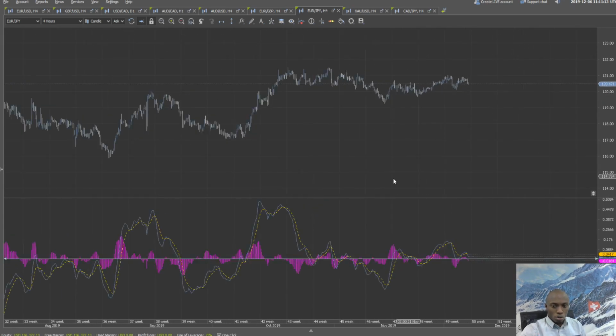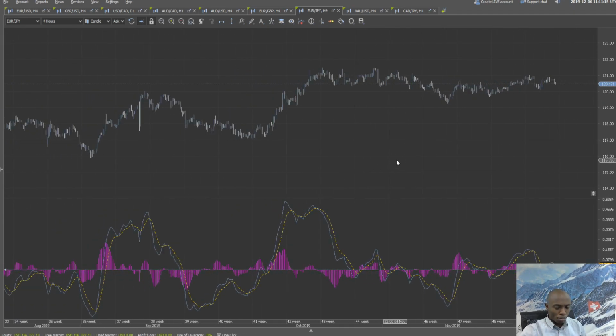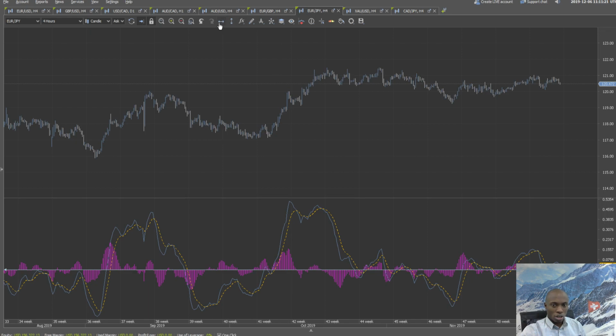How do you know when to buy and when to sell using the MACD indicators? When the 9-period exponential moving average is below and it crosses the 12, let me put it like this for you to understand.